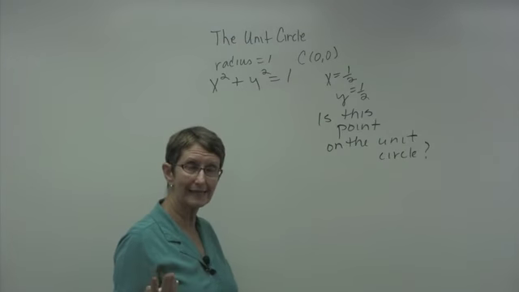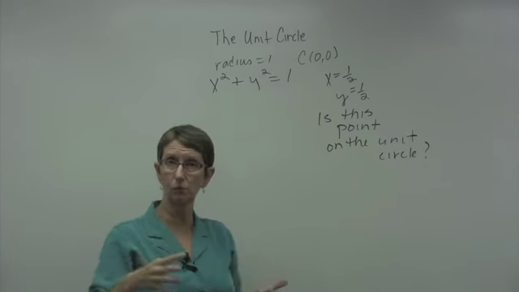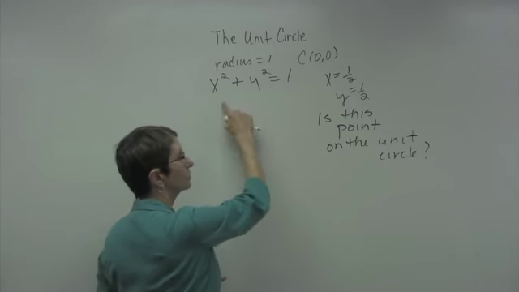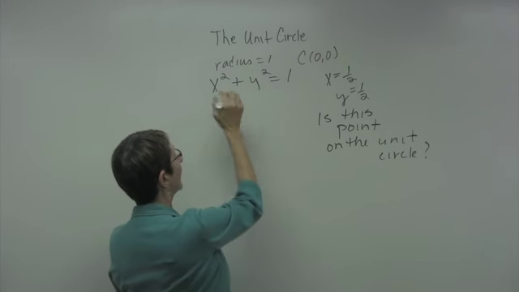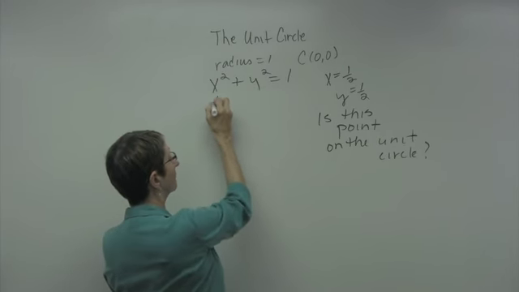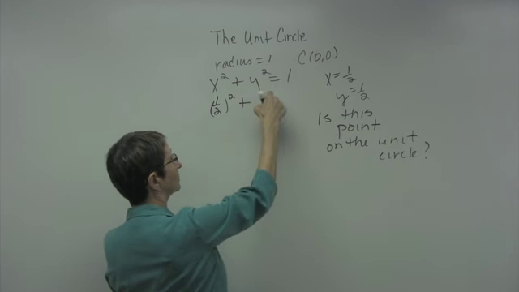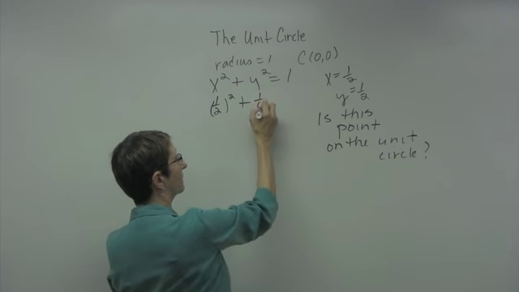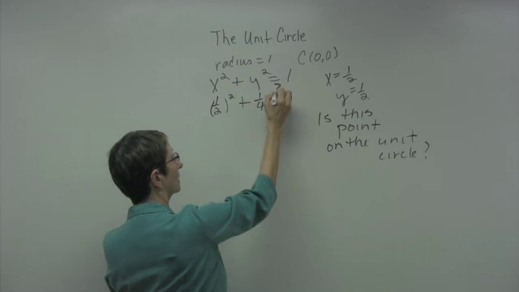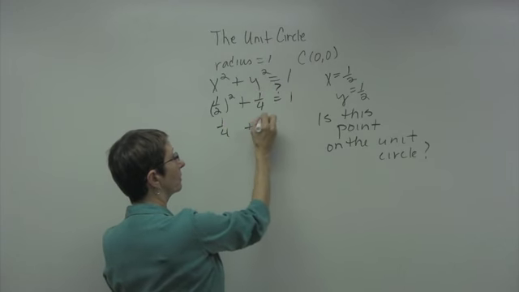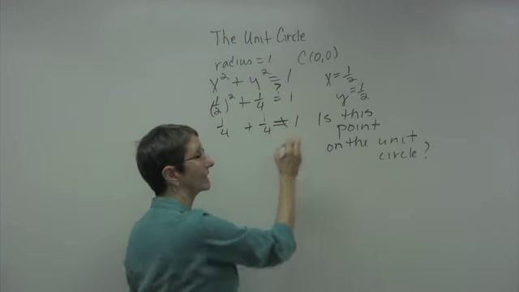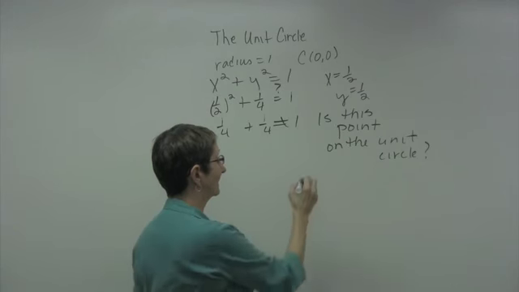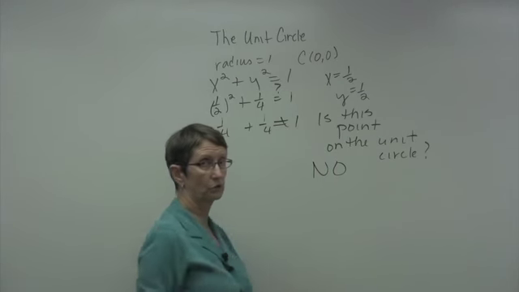Well, x is 1/2 and y is 1/2. It should be 1/2 and 1/2 is 1. But remember, the unit circle is you square each piece. The square of 1/2 is 1/4. So I have 1/4 plus 1/4, and that is not equal to 1. This point is not on the unit circle.